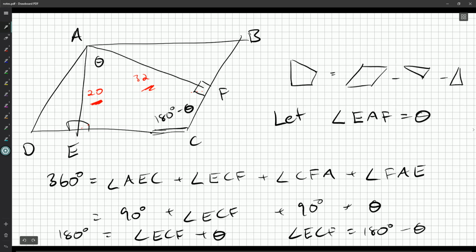But this is a whole corner of my parallelogram. And one of the nice things about parallelograms is opposite angles are identical. So that tells me this whole angle here is also going to be 180 minus theta. But, again, using the same sort of 360-degree logic, you can also say that the sum of the two angles on the same side has to add up to 180.